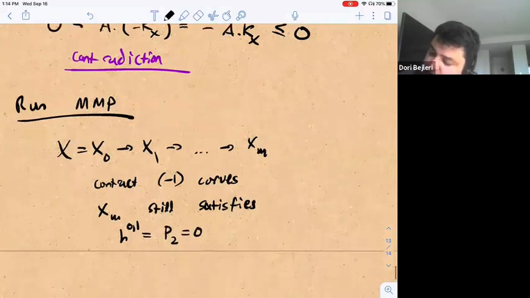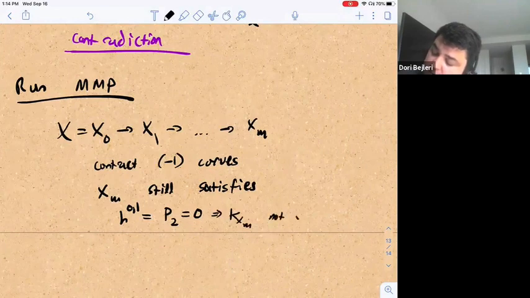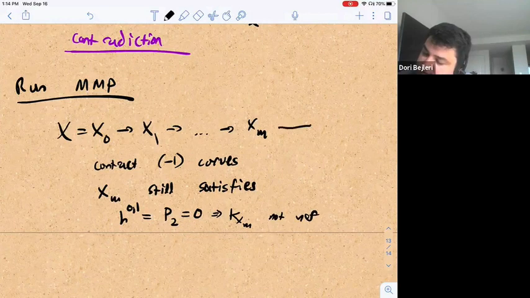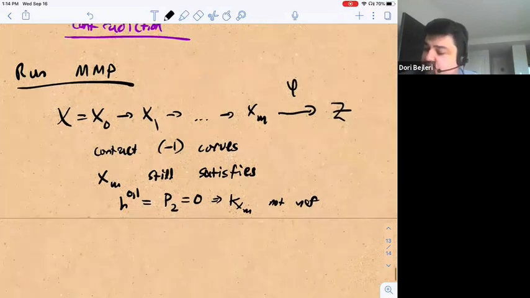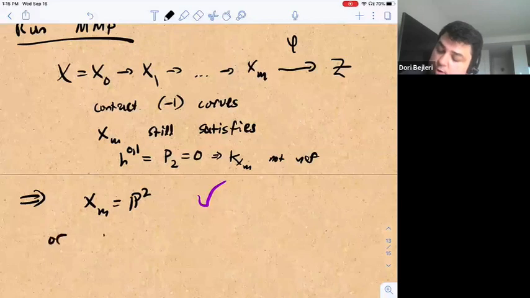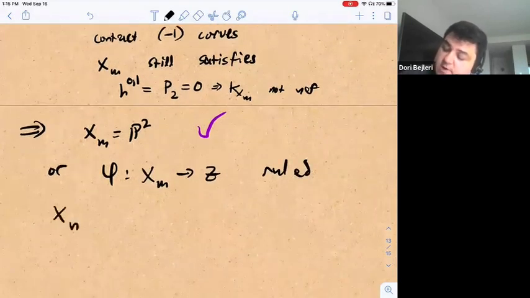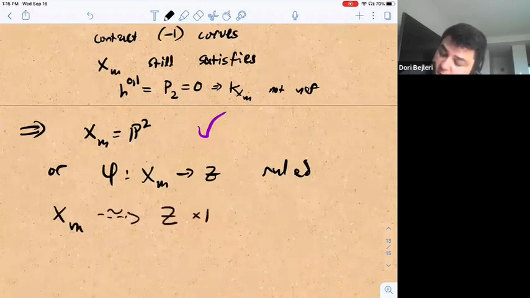And so in the end, KXM is not nef. So then we know that there exists another extremal contraction here that's either a ruled surface or XM is P2, which implies, okay, so if XM is P2, we're done. Then we're rational. Or phi is a ruled surface. But that tells us that XM is birational to Z cross P1.